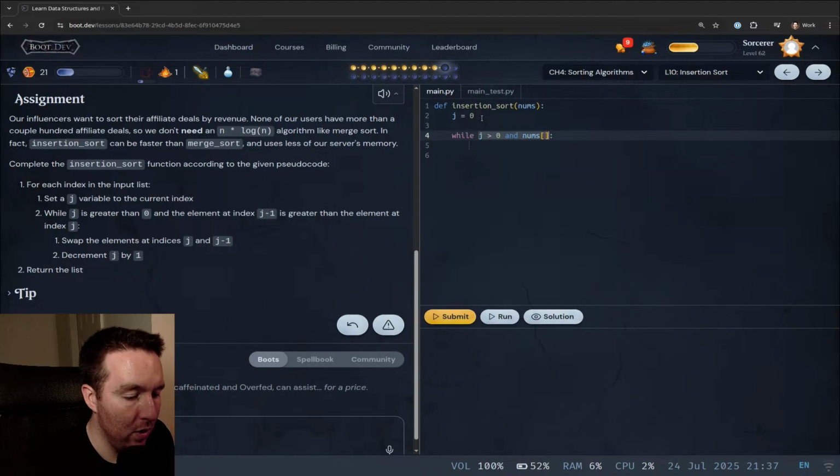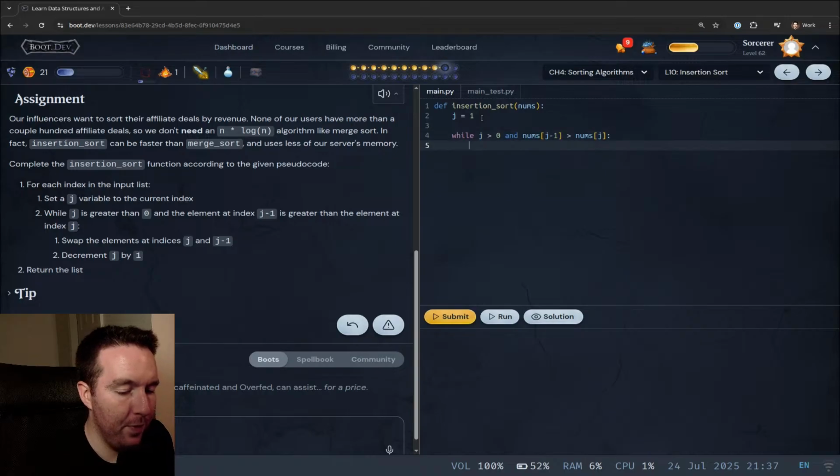Start at 1. So while nums[j - 1] is greater than the element at index j, swap the elements at indices j and j minus 1, and decrement j by 1.